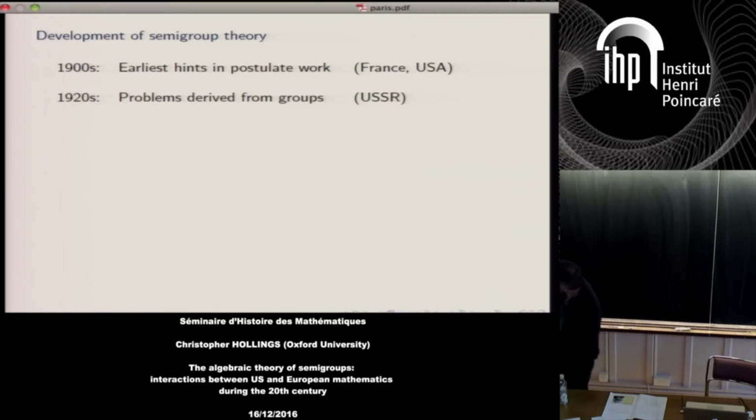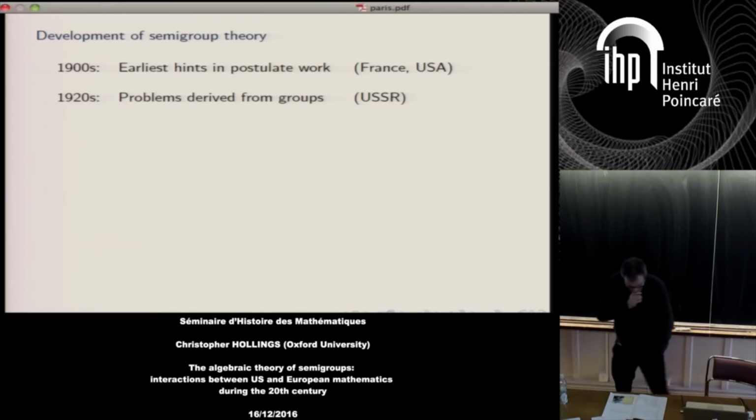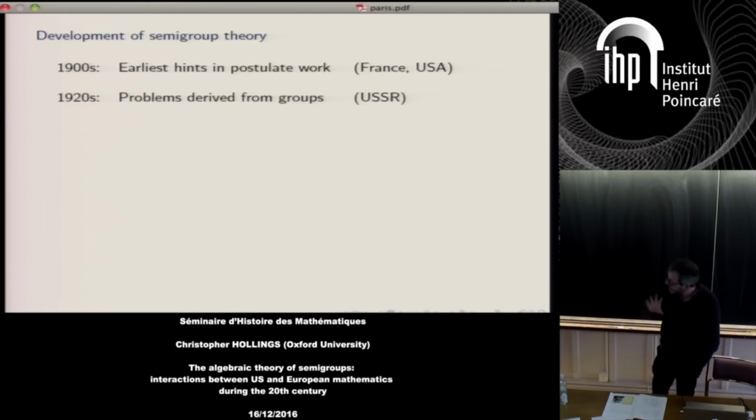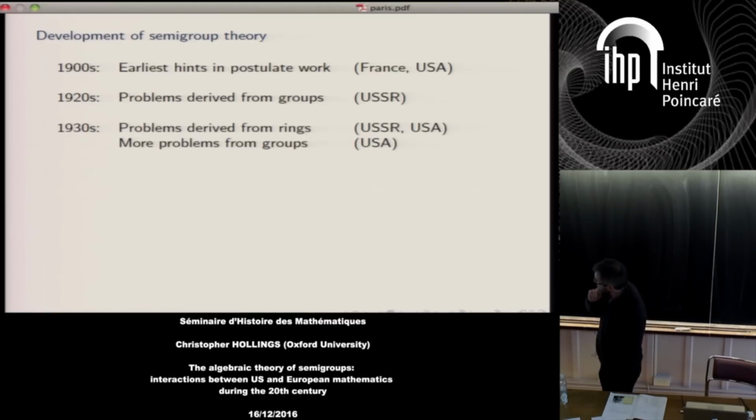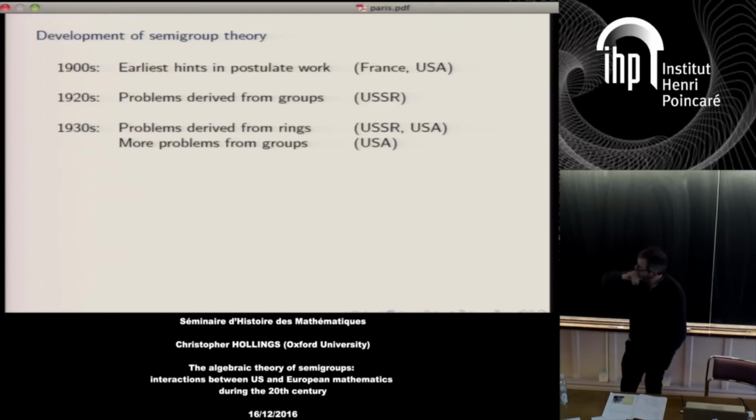So there's a lot of work in the USSR at this time, mainly coming from the point of view of looking at self-mappings of a set, looking at the structure there. As we move into the 1930s, people are beginning to think, well, we can also approach this from a ring theoretic direction. There are results about factorization in rings that seem to only use the multiplicative part of the ring.